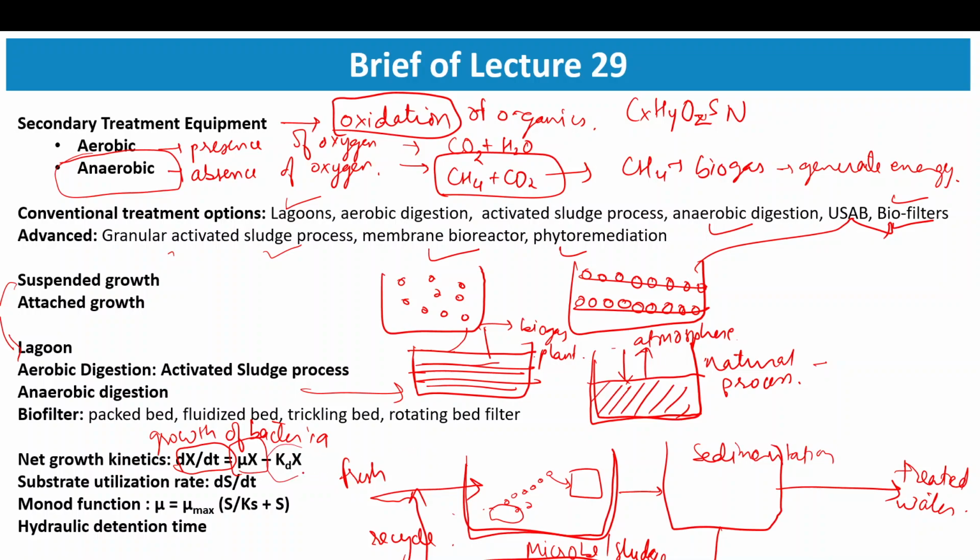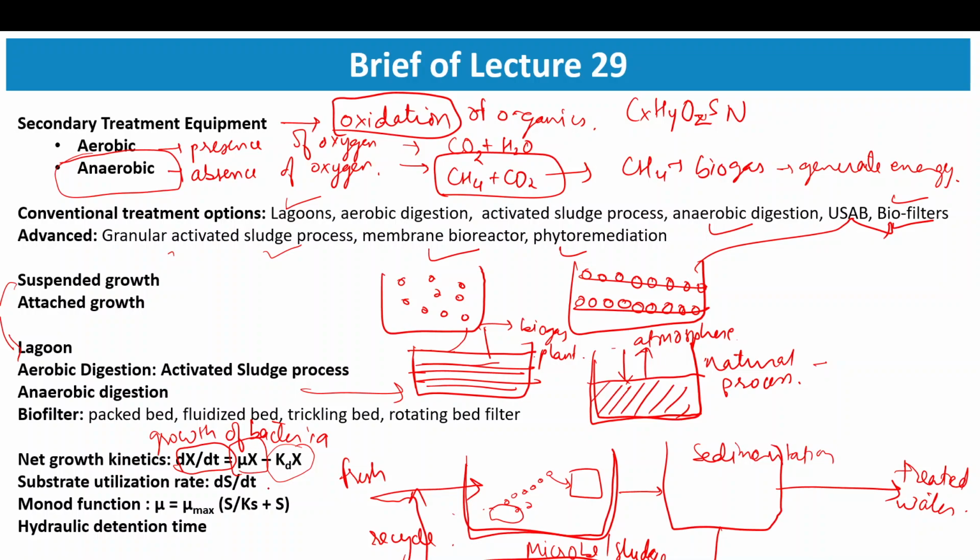So in that case, this is the death rate. So the net amount of bacteria changing in water with respect to time is nothing but dx by dt, where X is the concentration of microbe per unit time, which is growth minus decay.